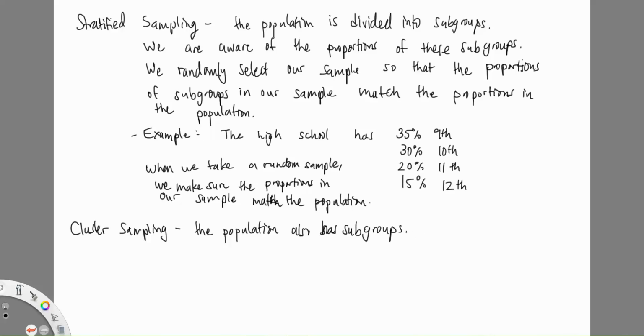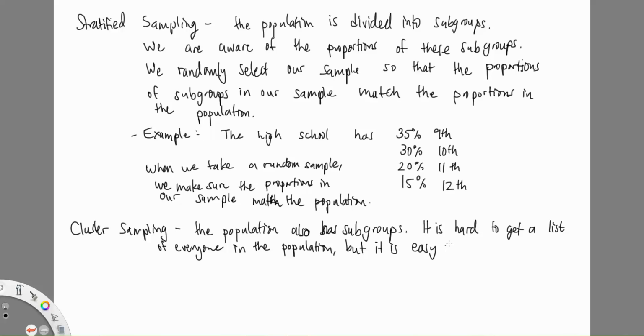In this case, it is hard to get a list of everyone in the population, but it is easy to get a list of all subgroups.